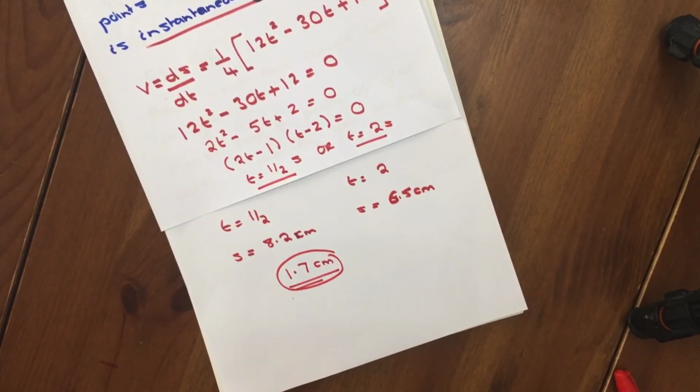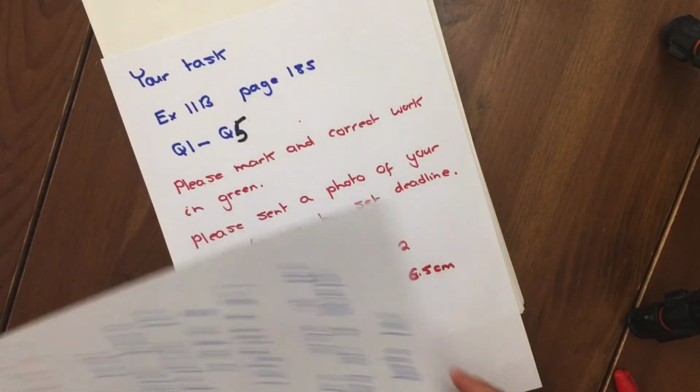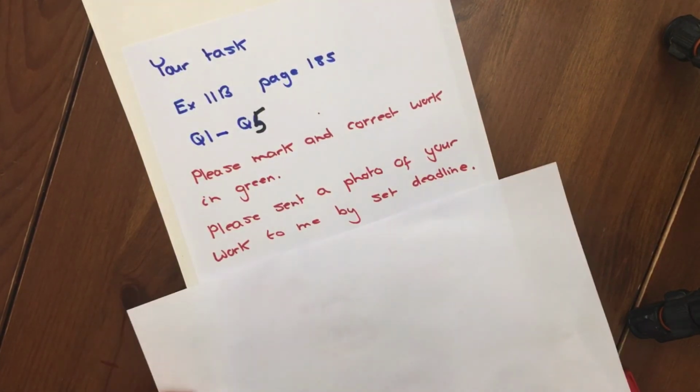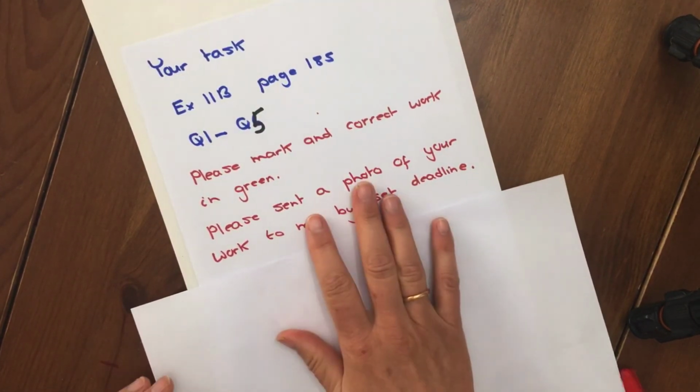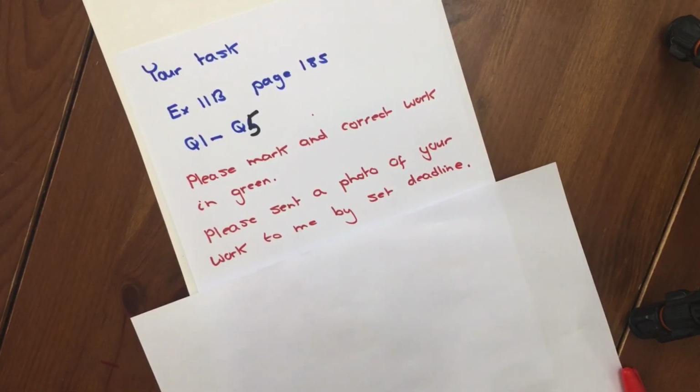If you've got any questions about what I've gone through, please email your teacher. And what I'd like you to do, please, for your work at home to check your understanding is 11B, questions 1 to 5.